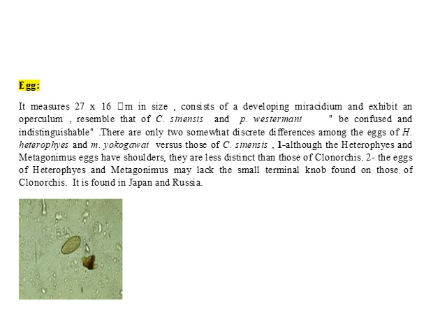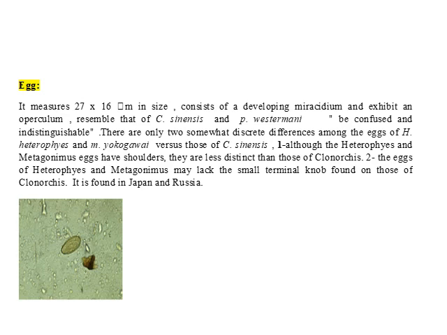Here is a very important criterion. Two differences distinguish the eggs of Heterophyes and Metagonimus yokogawai from those found in Clonorchis sinensis. The first is that the Heterophyes and Metagonimus eggs have shoulders. Okay, a half shoulder like that, but they are less distinct than those of Clonorchis.